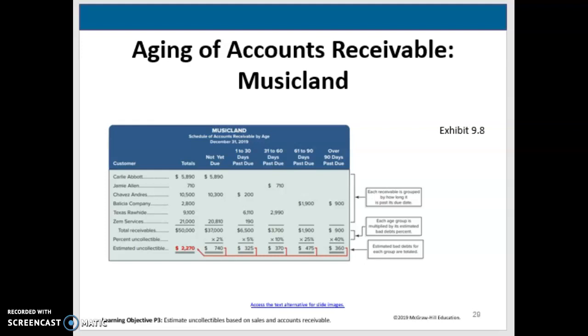So 1 to 30 days past due is 5%, 31 to 60 days past due is 10%, 61 to 90 days past due is 25%, and once we get to over 90 days, we estimate 40% is uncollectible. So we take each of those balances in those categories times the percentage. That gives us the estimated uncollectible for that category. We add them all up, and that's what we expect our uncollectibles to be.